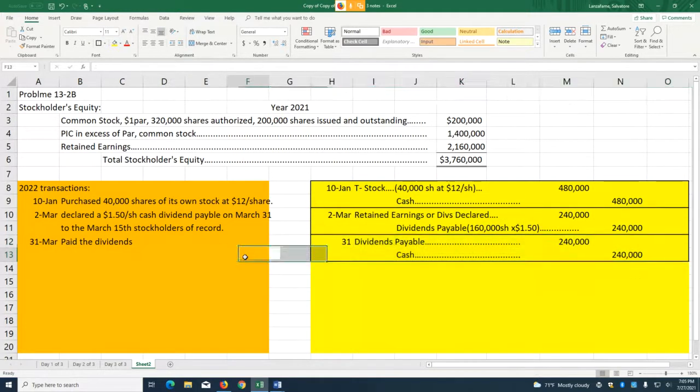Any questions with the first three transactions? Okay, it's now November 11th. And on November 11th, it says we sold 24,000 shares of that treasury stock.